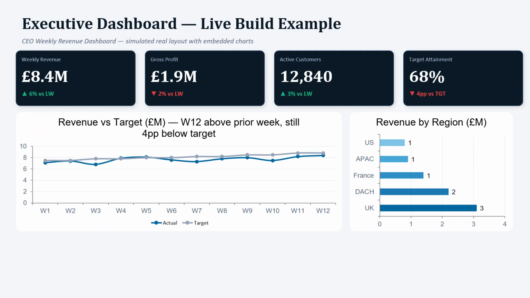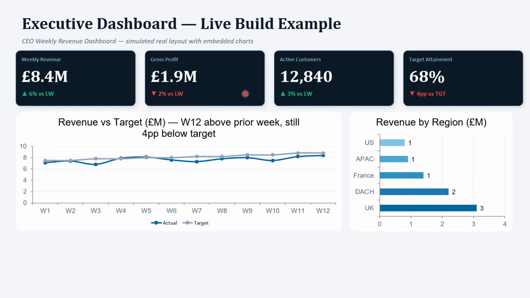This slide shows a simulated CEO weekly revenue dashboard with live embedded charts. Let us look at the KPI row at the top. Here are four cards: weekly revenue, gross profit, active customers, and target attained. Each shows the current value and the trend versus last week.